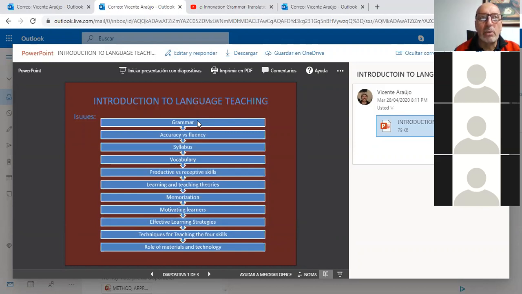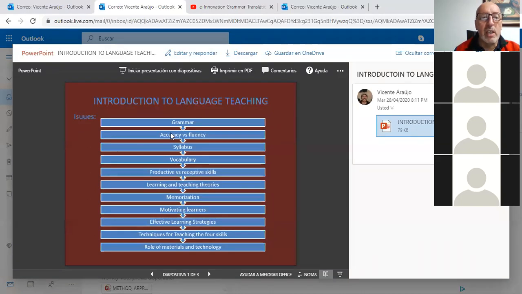Others say, no, grammar is not necessary, because when you learn your first language, your mother doesn't teach you grammar. When you are learning a language as a child, you don't learn things like verb, adverb, relative clause. So some agree, some disagree, and there has been a big discussion about this.